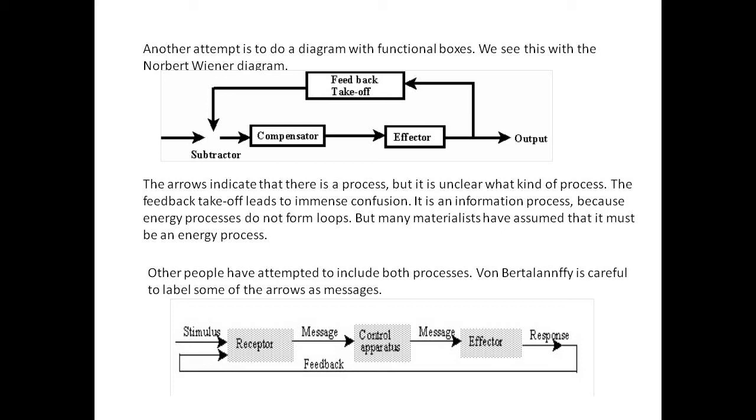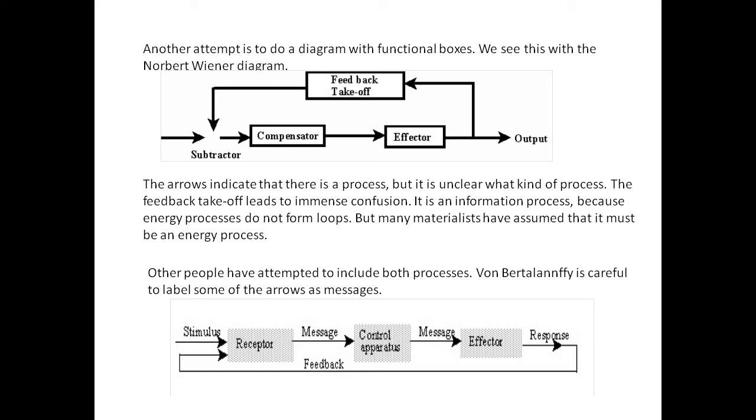But many materialists have assumed that it must be an energy process. Other people have attempted to include both processes. Von Bertalanffy is careful to label some of the arrows as messages. Thus, the connection between the receptor and the control apparatus is a message, and the connection between the control apparatus and the effector is a message.